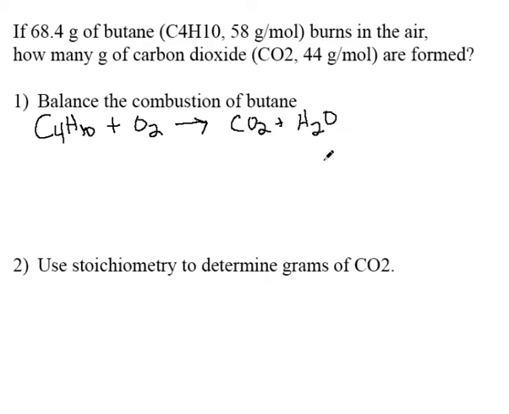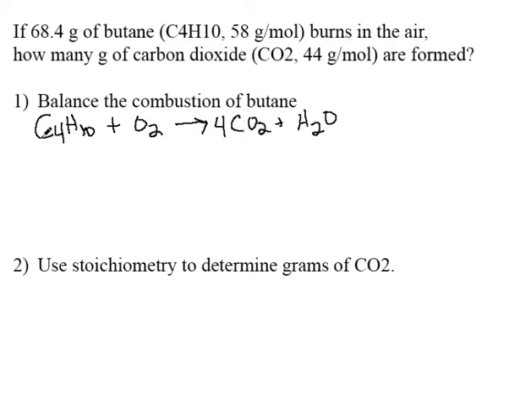Now, when we balance these reactions, we want to work from left to right so that we balance our oxygen last. We start with the carbon. There are 4 carbons in each butane molecule, so we end up with 4 CO2s, because each carbon dioxide has 1 carbon.